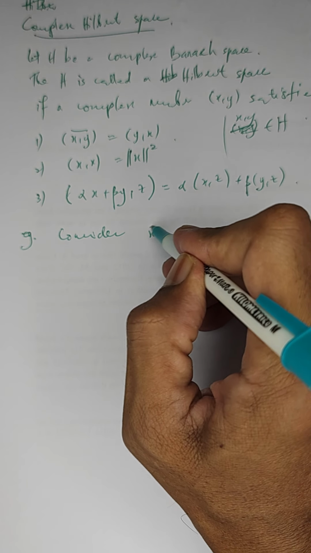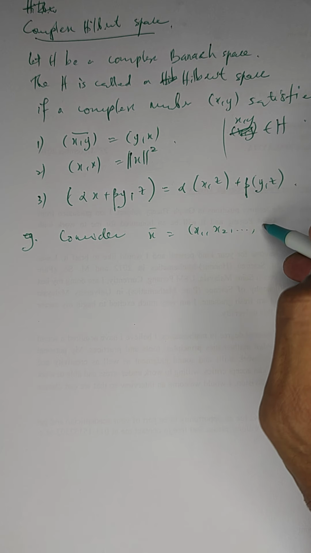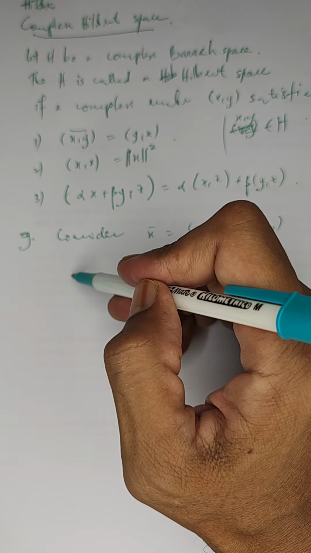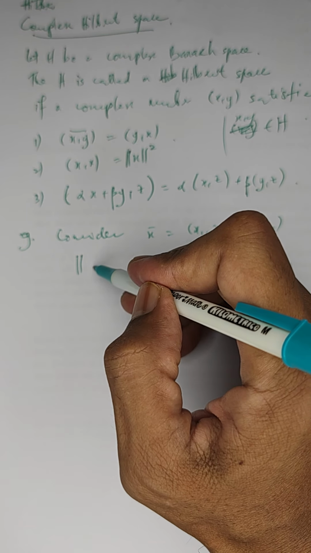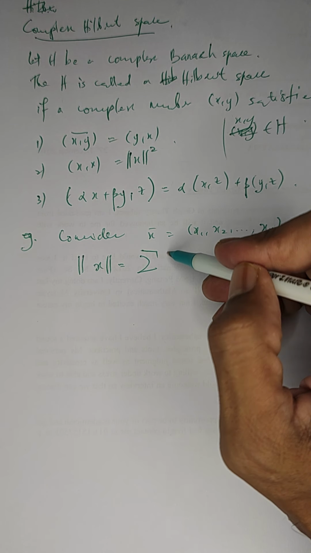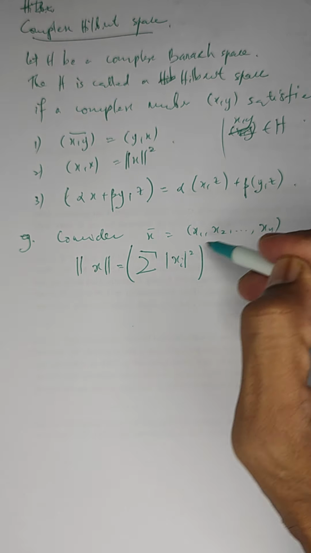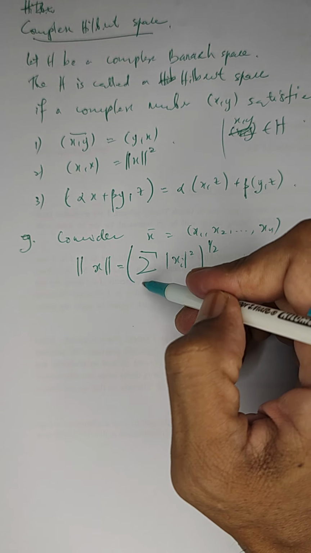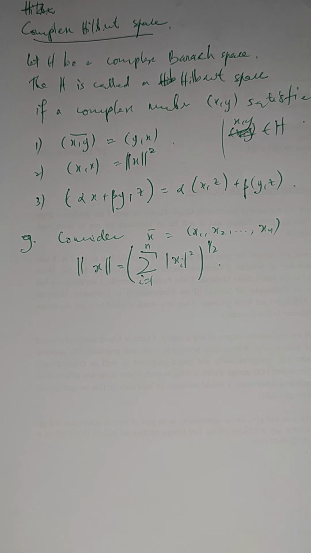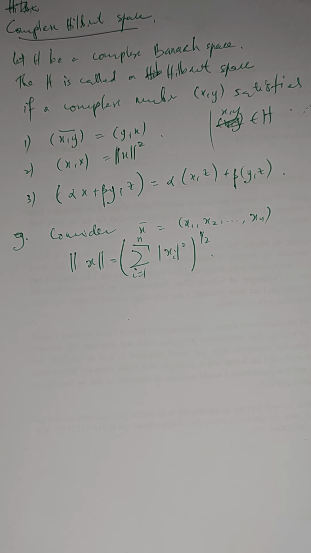Let's say we have x with components x1, x2, up to xn, and the norm is defined as the norm of x equal to the summation of the absolute value of xi squared, to the half, for i from 1 to n. So this is a Banach space.